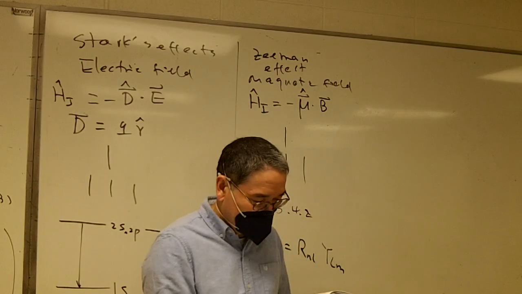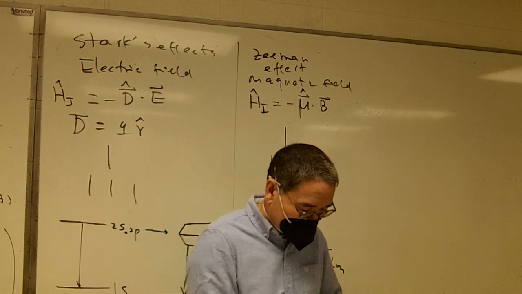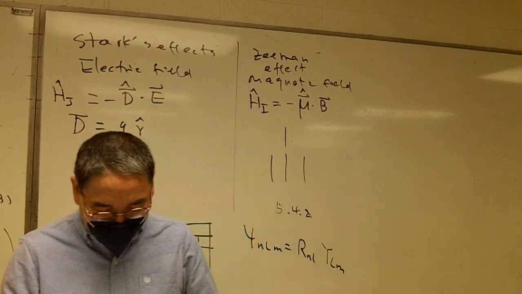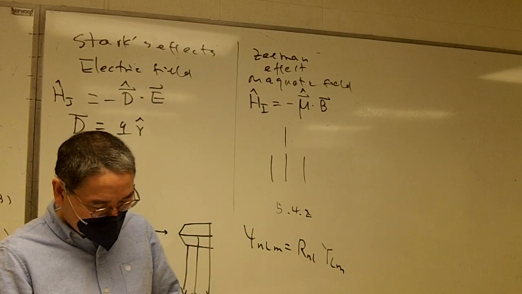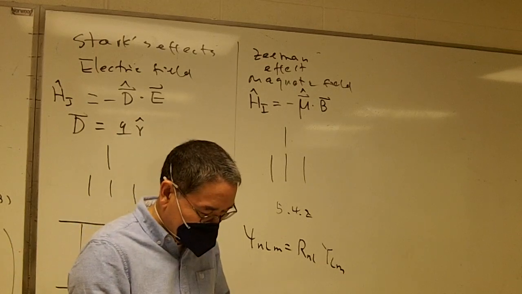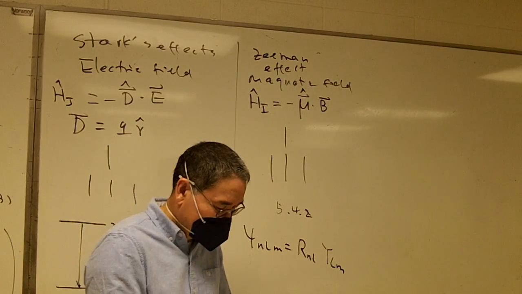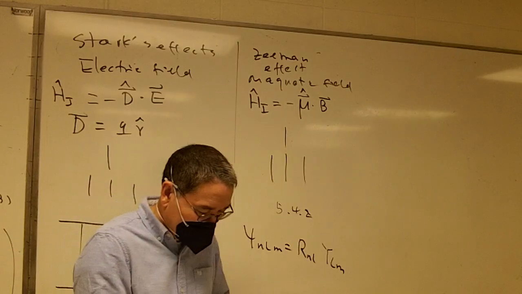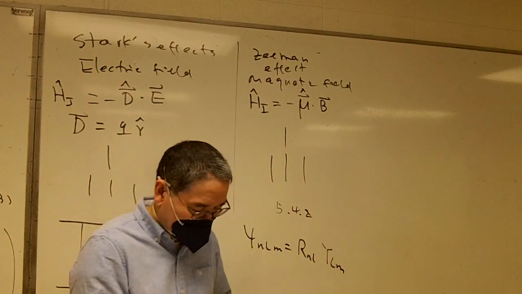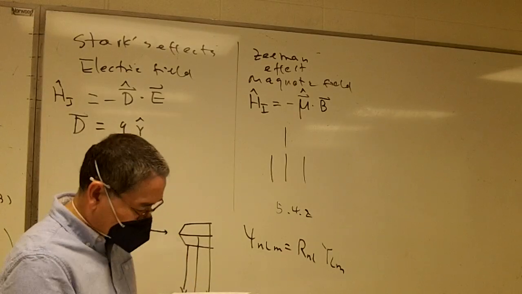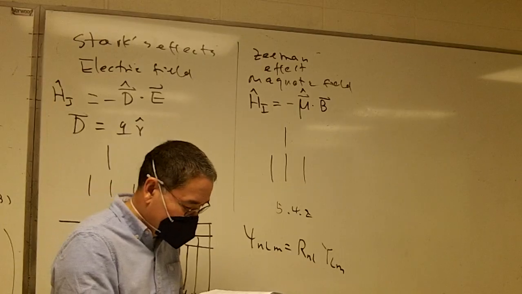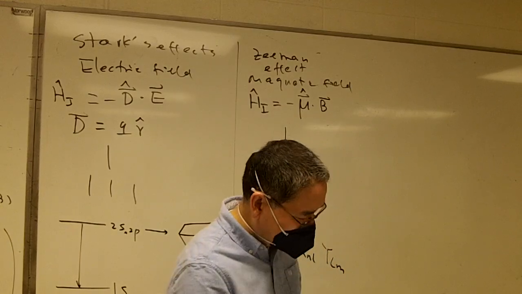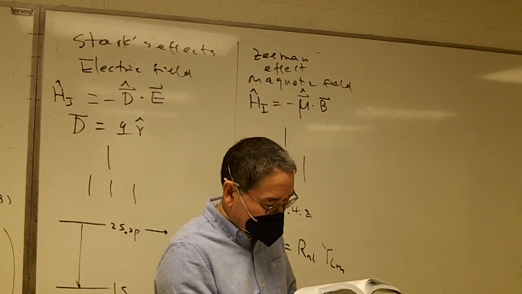The double integral dΩ of the complex conjugate of Y_l1m1 times Y_l2m2 equals the integral of θ from 0 to π, φ from 0 to 2π, of sinθ dθ dφ, complex conjugate of Y_l1m1 times Y_l2m2, equals δ_l1l2 times δ_m1m2, where dΩ equals sinθ dθ dφ, the solid angle finite element.